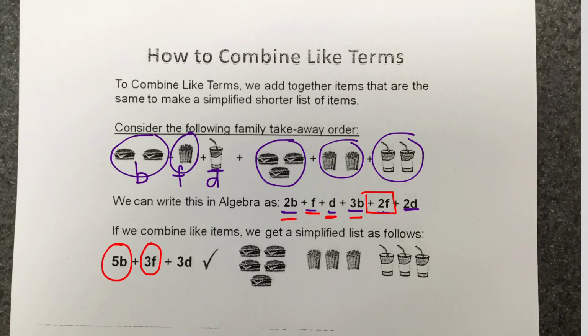Then I have 1 drink. There's a plus in front of this drink. So 1 drink plus 2 drinks is 3 drinks. So I combined them to have 5 burgers, 3 fries, and 3 drinks. Much easier to say and much easier for somebody to take your order. So this is just a reminder that we want to combine terms to make it easier.